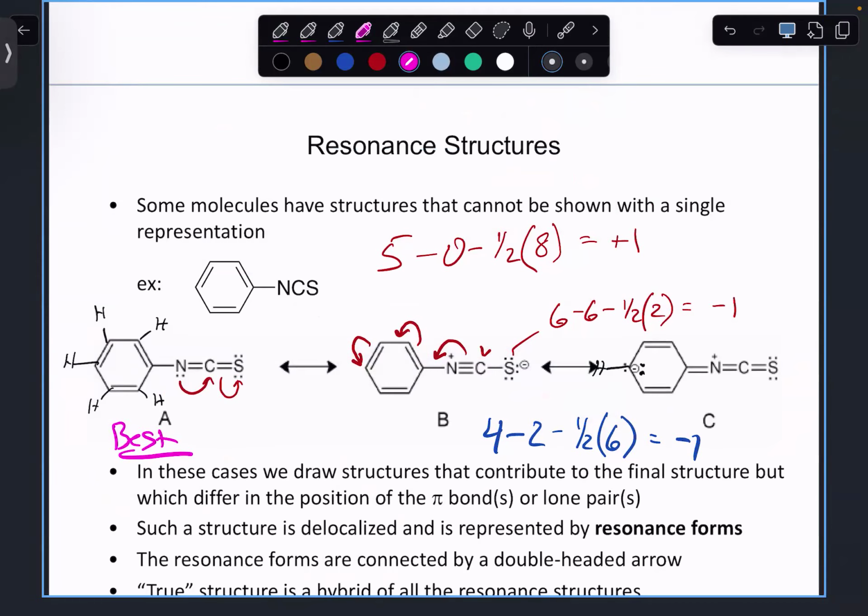So that boils down to what's more electronegative, sulfur or carbon? Sulfur. This would be the second best. This would be the worst.